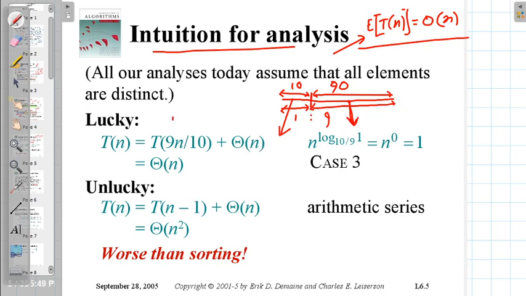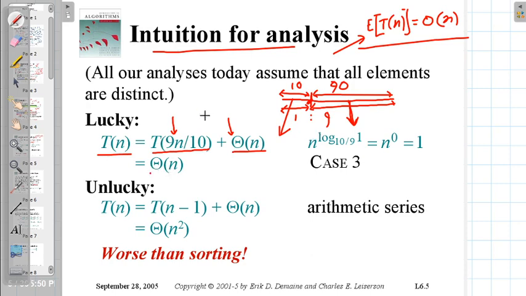That's why T(9n/10) comes from that partition. With that partition we have to recurse, and first of all we have to partition the list around this pivot, which takes theta n time. So T(n) is equal to T(9n/10) plus theta n.